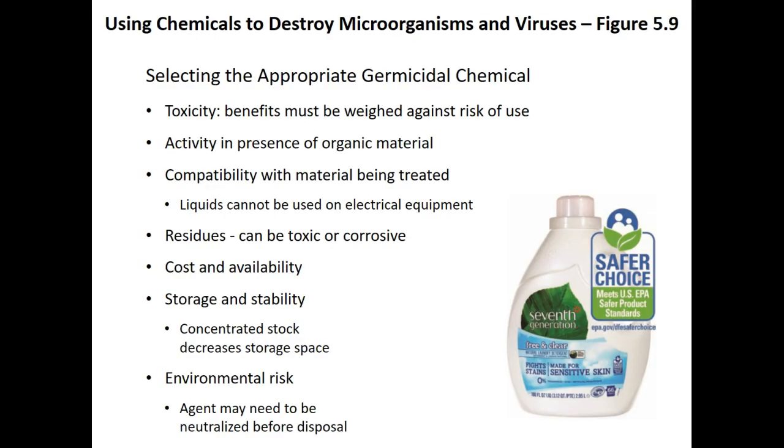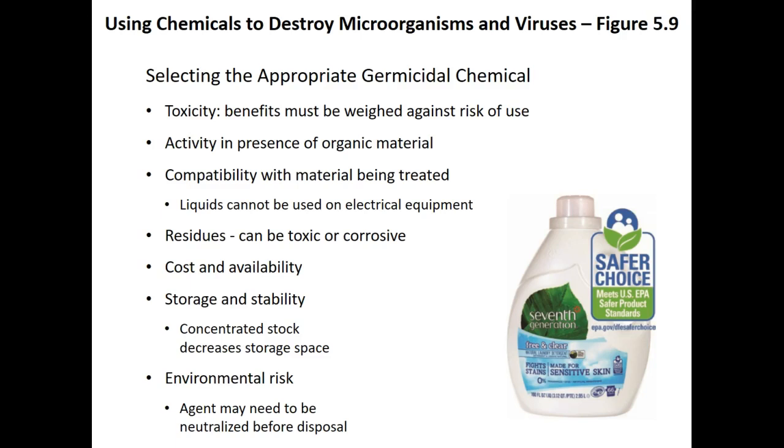When it comes to selecting the appropriate germicidal chemical, several different factors have to be considered. We like to consider toxicity. Many of the chemicals can possibly be toxic to the human body as well as the microbes that you're trying to achieve control over. So you have to weigh the risk of use versus the benefit.